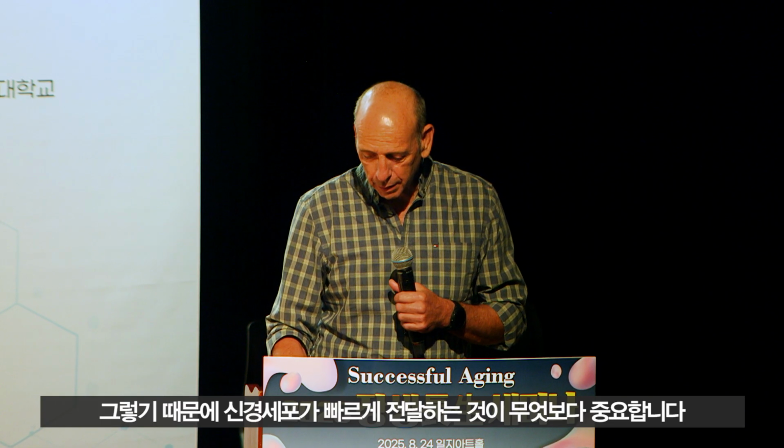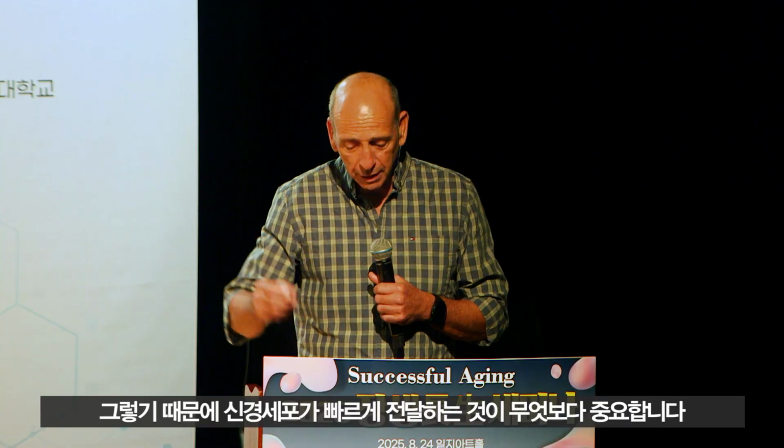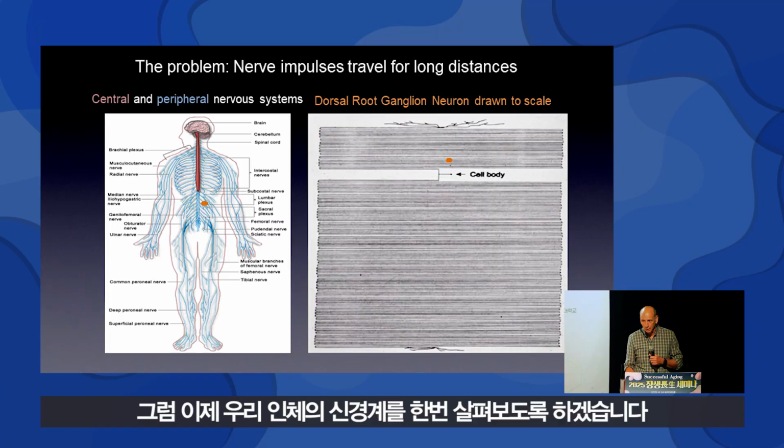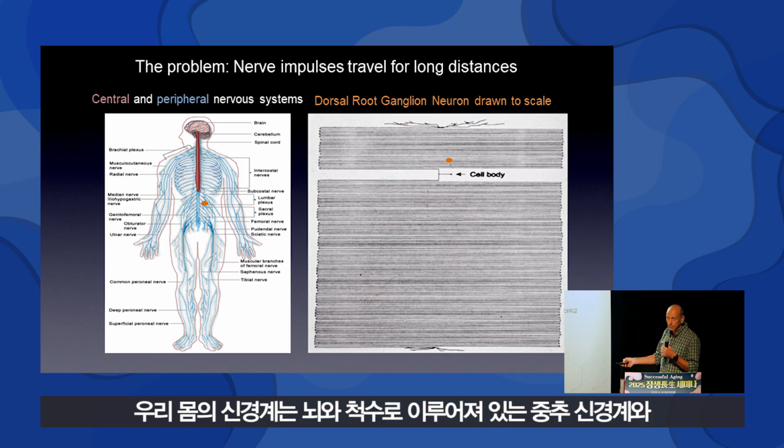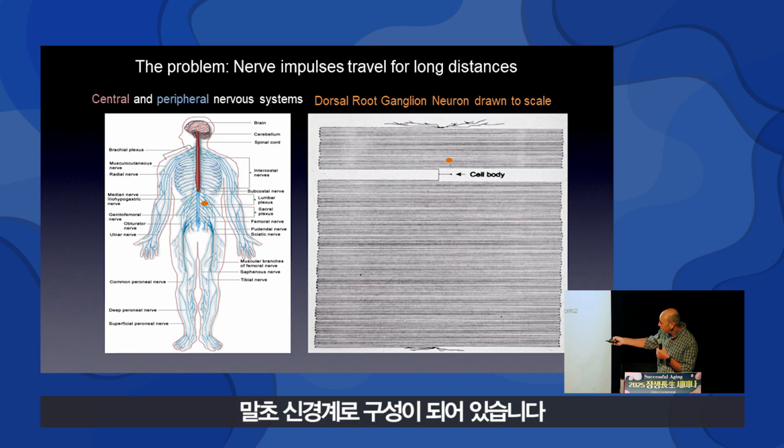So how do you make fast conduction or fast signals in our nerve system? Let me just tell you what the problem is. This is our nerve system. It is divided into two main parts. The first is the central nerve system that contains the brain and the spinal cord, and there are all the other nerves that are coming out, called the peripheral nerve system.